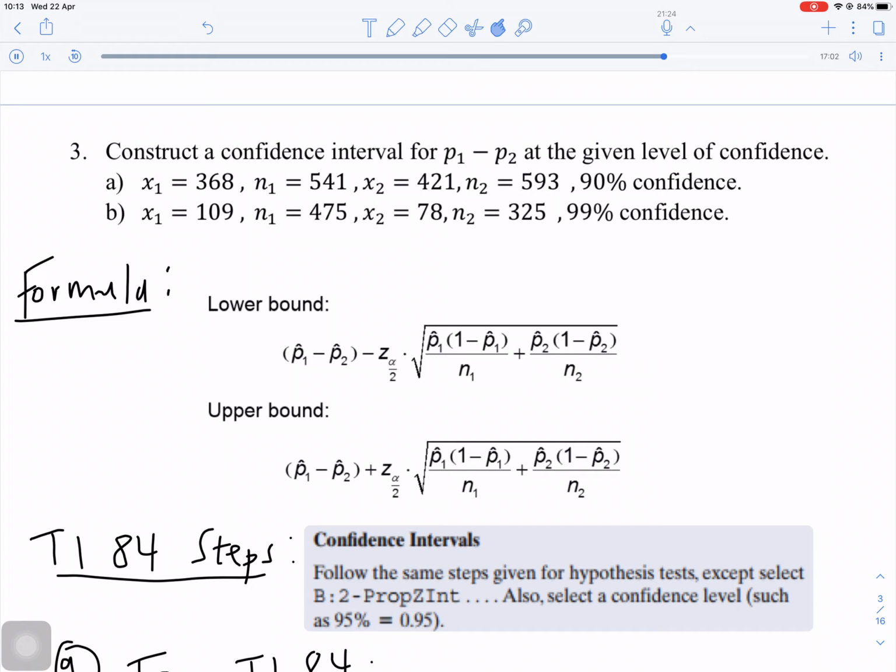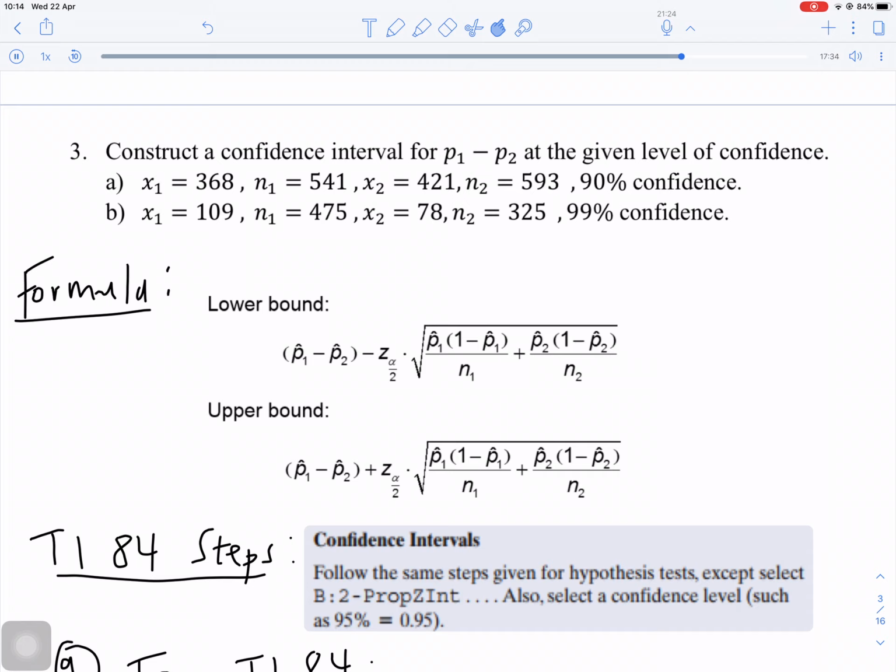What is happening over here is just an extension of what we see from the hypothesis test. Hypothesis test is one way of statistical inference. Confidence interval is another way. Confidence interval is interval estimation.